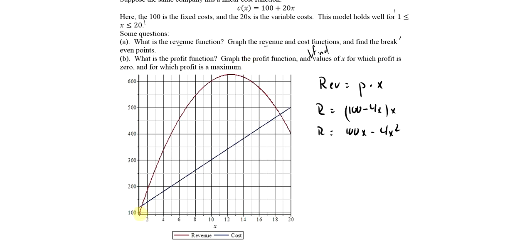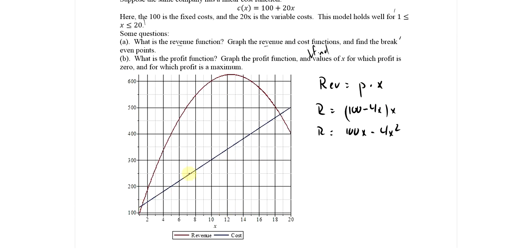If you're not selling very much, then X is very small, and so your revenue is very small. If you sell too much, if you flood the market, then you drive the price down, and so your revenue drops again. So somewhere in between, the price is high and the quantity is high, and you can get your maximum revenue.